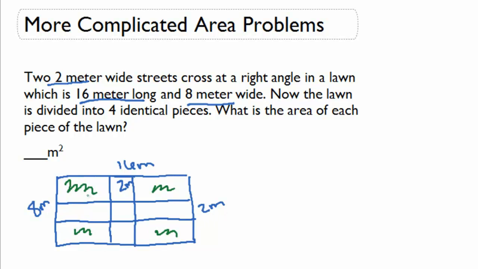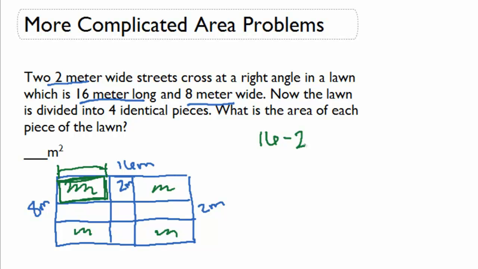If I wanted to figure out what the area of one of those pieces was, I'm going to have to do a couple calculations. I'm going to start off by trying to figure out what this length would be for one of these squares. I know that the entire length was 16, and I know that I definitely took 2 meters right out of that.